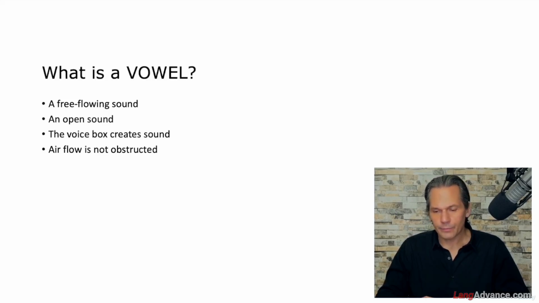vowels. Now, there's a range of vowel sounds, so we could say relatively open instead of just saying an open sound, but compared to consonants, vowel sounds are quite open. The main thing to remember is that they are always voiced and that the airflow is not obstructed.